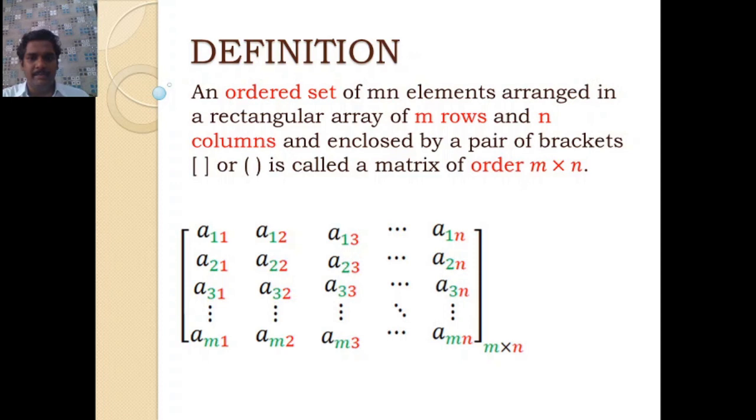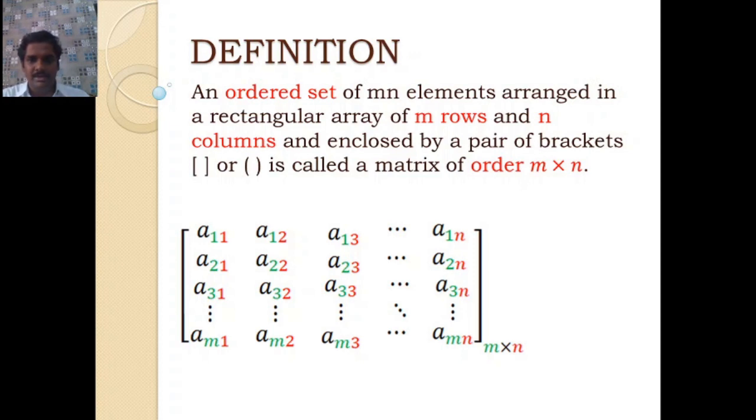Here is your general m by n matrix which you can see on your screen. I have used two color combination over here. Green color numbers which you see represent row number, and the red color I have used to represent column number.